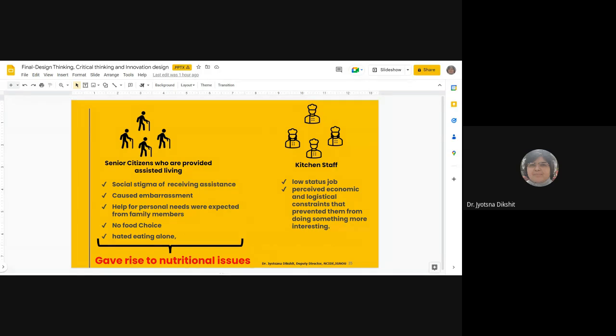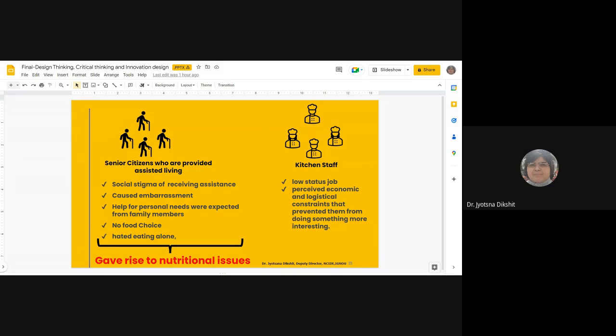At the end of the senior citizens, the problems which they discovered were that they would have loved to take help or support from their family members for their personal needs, for their hygienic needs. But they considered it a social stigma to receive assistance from others, specifically from the people who were sent by the government.